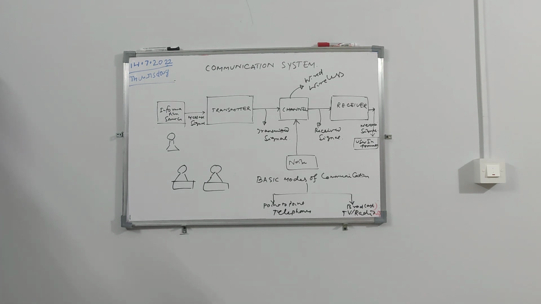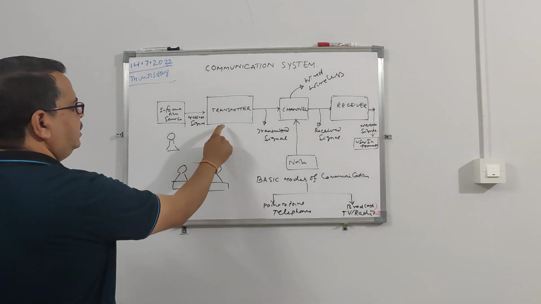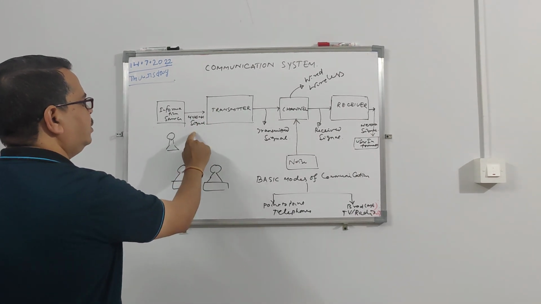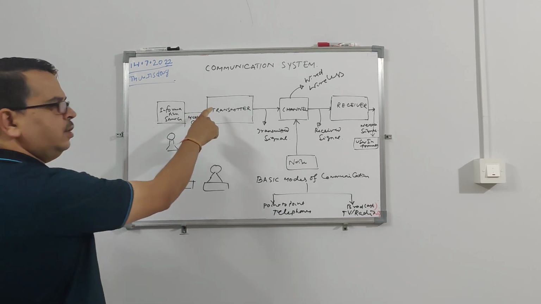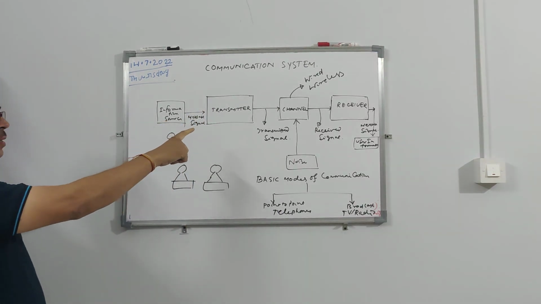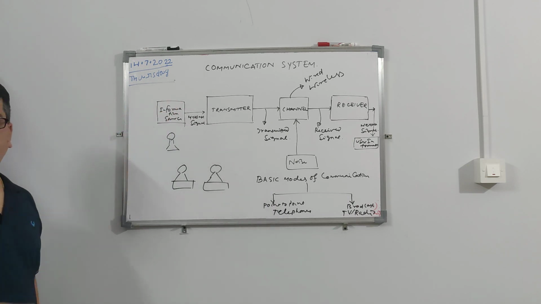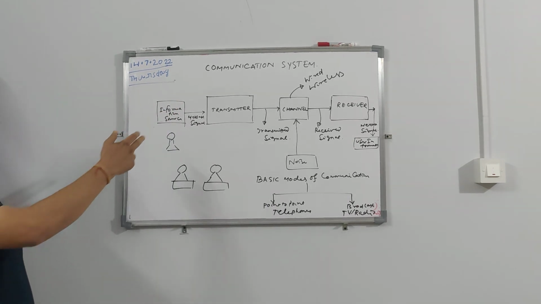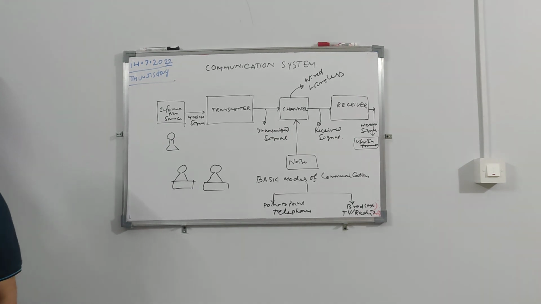The output of the information source is a non-electrical signal like a vibration, and a transducer converts it into electrical form before giving it as an input to the transmitter. There is a correction here: before it comes to the transmitter, it is converted to an electrical signal from the information source.